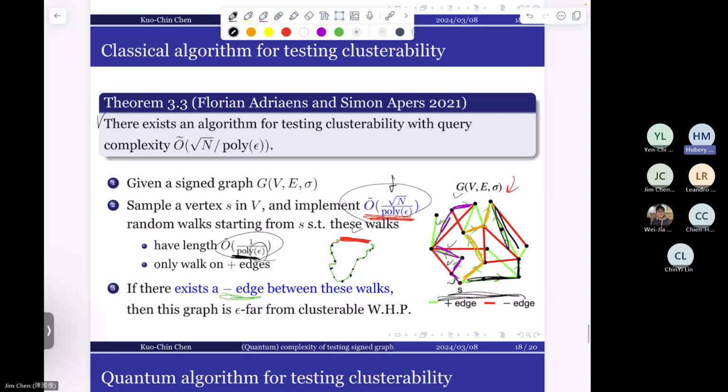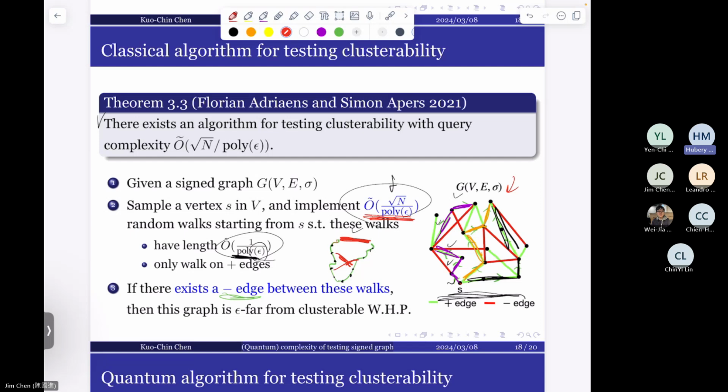Yeah, that is the main idea for their algorithm. So you check whether two different walks are connected by a negative edge only at the end of each walk? We can check every vertex, for example this one or this one, if there exists such a negative edge. But that is still complicated.